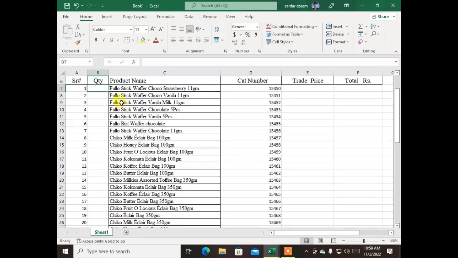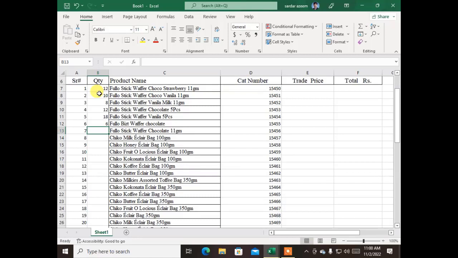Now our salesman got the order for full stick biscuits. These are 12 in number. For vanilla, 10 boxes. For wafer, for example, 8 boxes, 12, 18, 6. The quantities are like this as shopkeepers buy things in bulk.